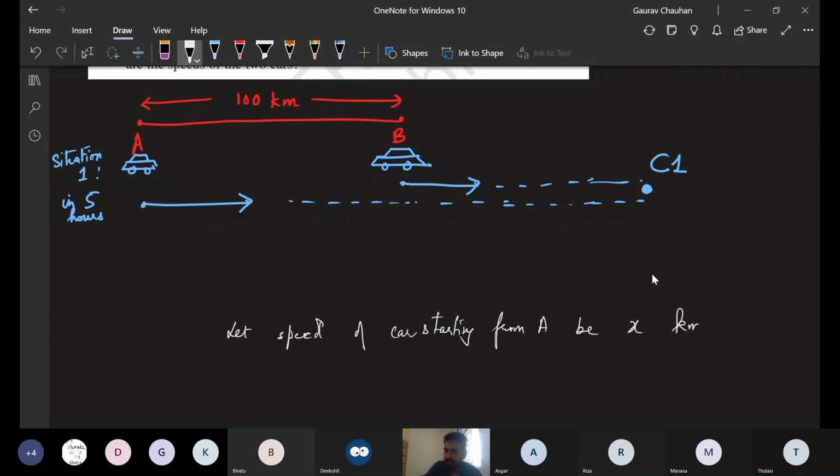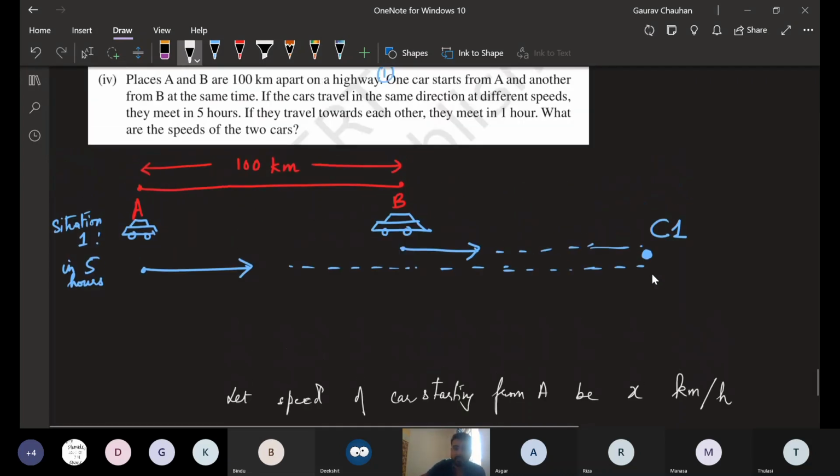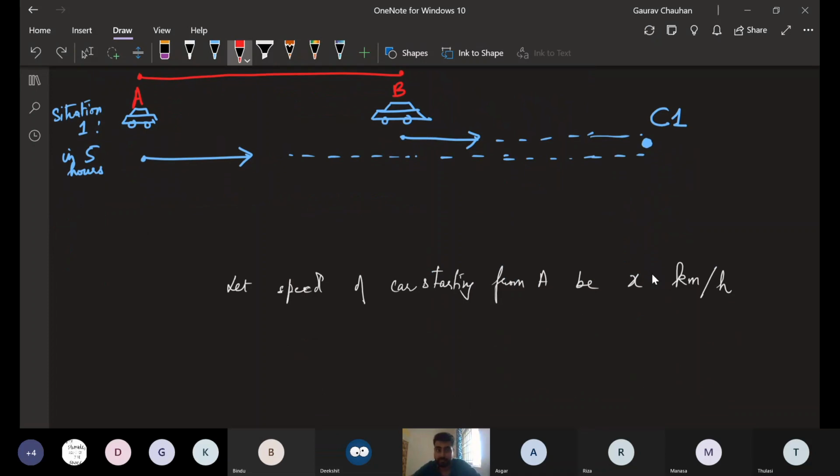And I really like how Bindu said kilometer per hour, because she saw that here we have kilometers and hours. Best to take kilometer per hour so that no other calculation is there. That's a very good observation. And let speed of car starting from B be Y kilometer per hour.